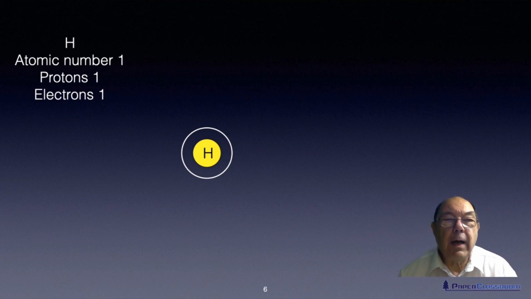Here we have a hydrogen atom. What do we know about hydrogen? Its atomic number is 1. Because its atomic number is 1, that means that we know it has 1 proton. And in order to be electrically neutral, if it has 1 proton, it must have 1 electron.